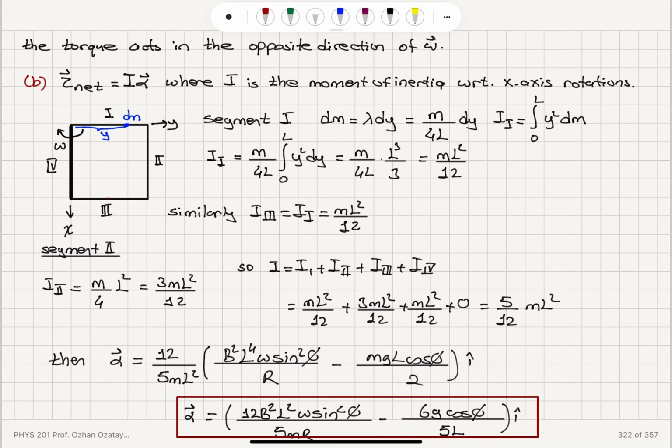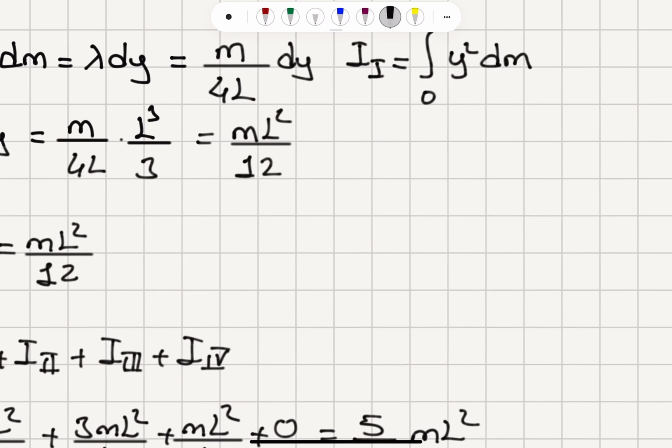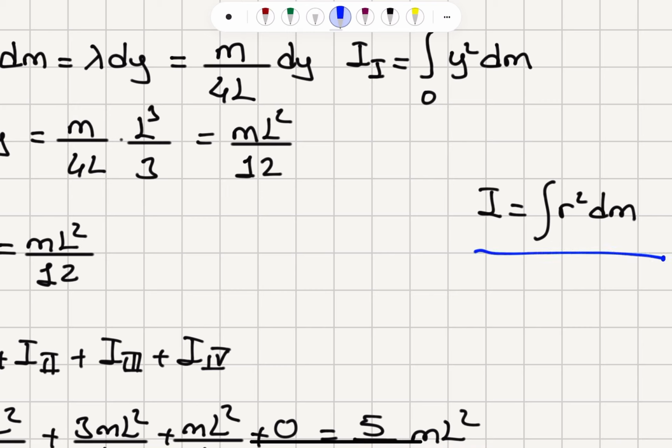So here I have calculated the moment of inertia by using the definition. The moment of inertia is integral r squared dm. So remember that we can recall this from basic mechanics class. I is equal to integral r squared dm.